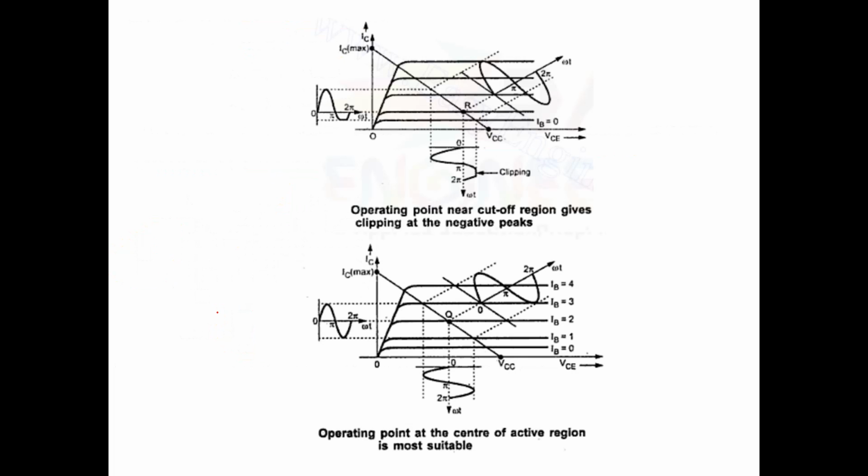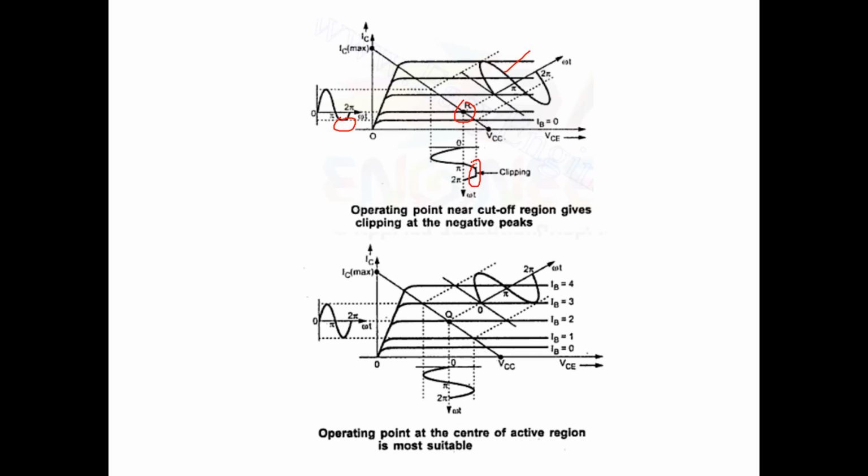For the next point, when you choose the intersecting point of the base current with the DC load line at R, what happens? This is the IB current, but it can have some clip of the IC and some clip of the VCE.